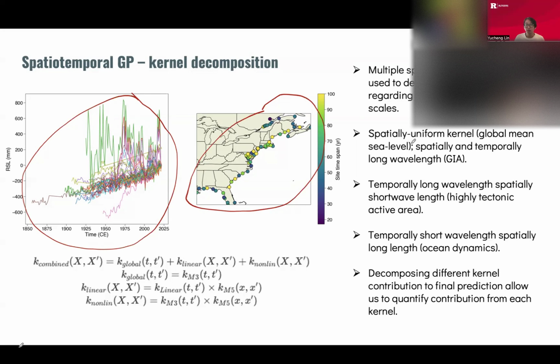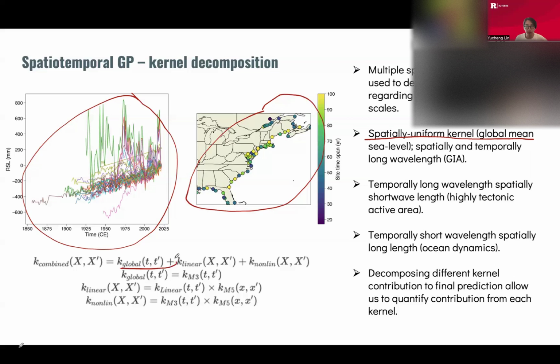Okay, so as you can find in Erica Ash's paper or some previous work by Robert Kopp or Jennifer Walker, which we will cover later, a specific kernel choice is that we use a spatially uniform kernel.